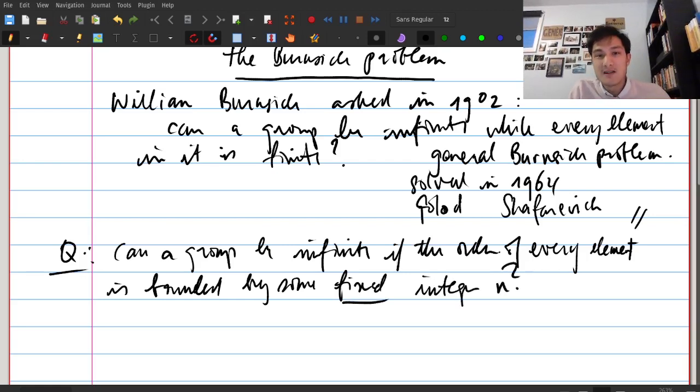So it's subtly different because in the top, we just wanted every element to have finite order, which means eventually you take it to some power, it'll get to the identity. But of course, you could have elements of arbitrarily large order. This question says, can a group be infinite if the order of every element is bounded by n? So there is some n such that for all elements in this group, say G, the order of the element is less than n.